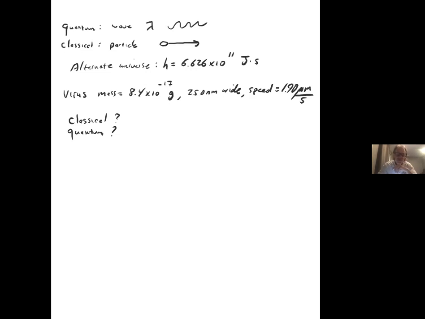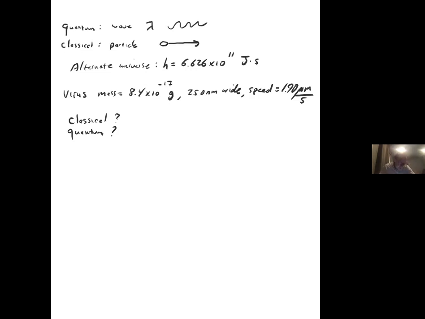Okay. So what we would say is that in our universe, a virus does not behave like a wave. A virus is big enough that it's going to behave like a particle. So you can count them, you can move them around very easily. Waves are harder to move around.